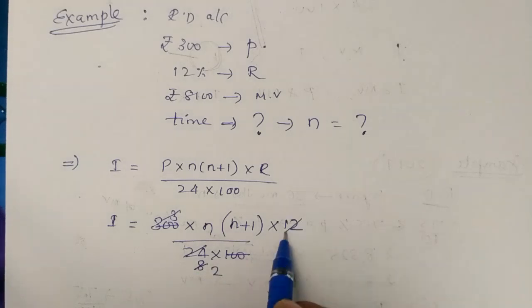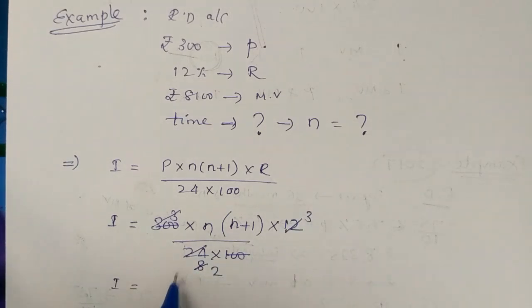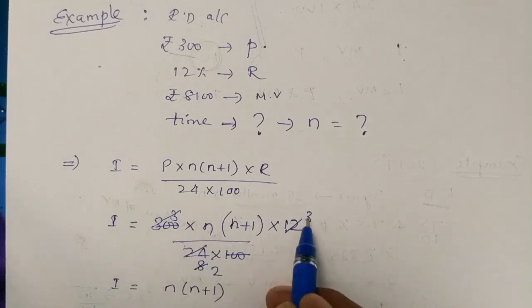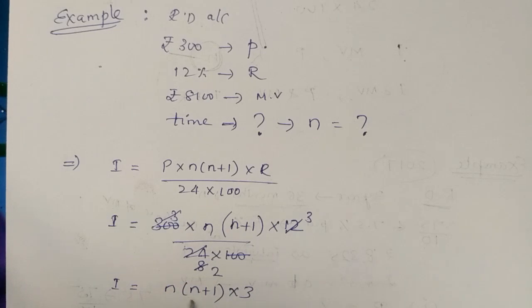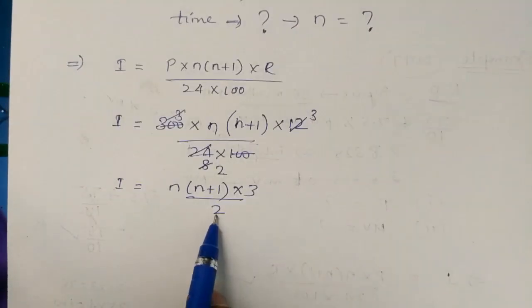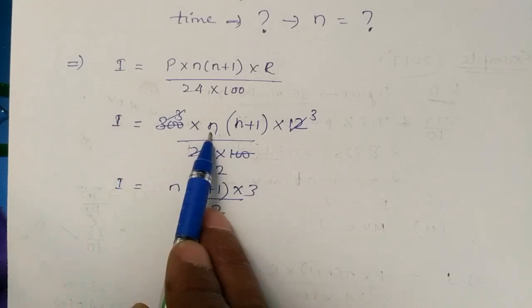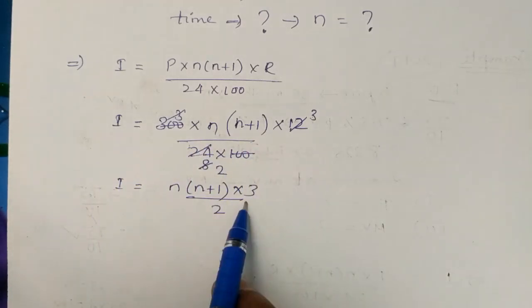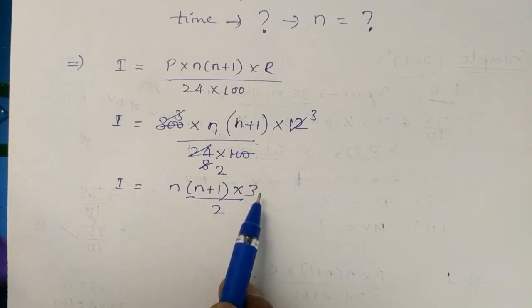What is left at last? I is equal to n into n plus 1 left out, 3 left out, and 2 is also there in the denominator, remember. We can cancel 3 and 2, but we get a decimal answer.